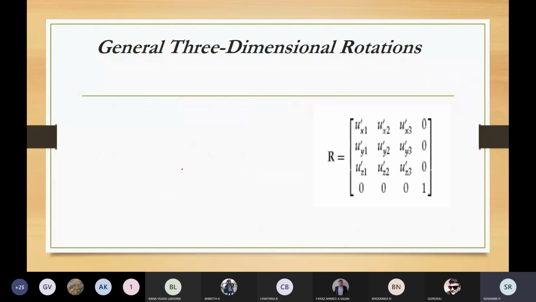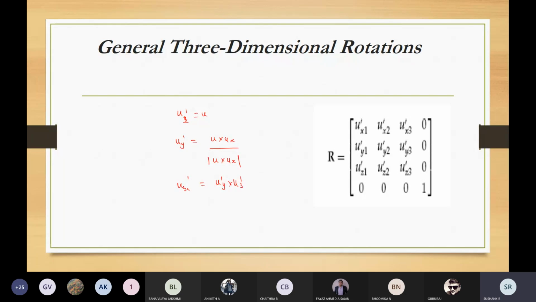Assuming the rotation axis is not parallel to any coordinate axis, the unit vectors can be written as uz dash equal to u, uy dash equal to u into ux by the determinant of u into ux, and ux dash equal to uy dash into uz dash.